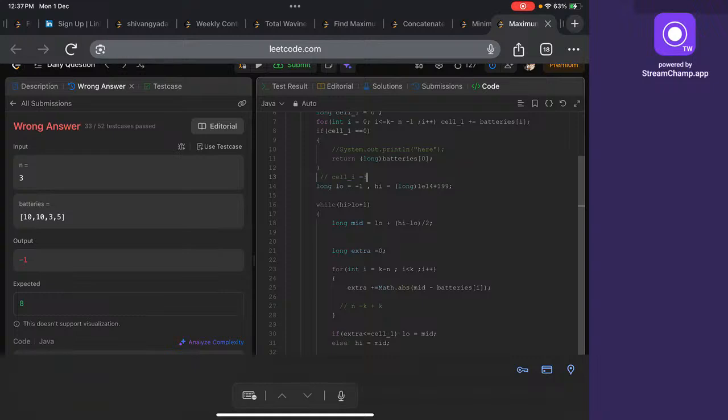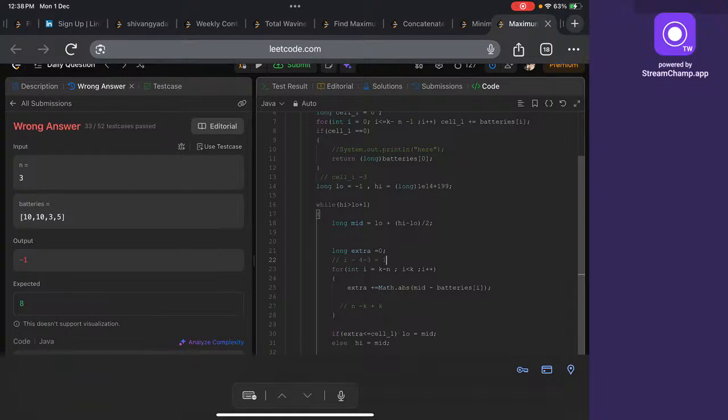Now from 3 came 4 minus 3 and we are here. I will start from 4 minus 3, it's 1. Okay, we will run for 1 for the extra time. Well, subtract mid minus batteries of I.